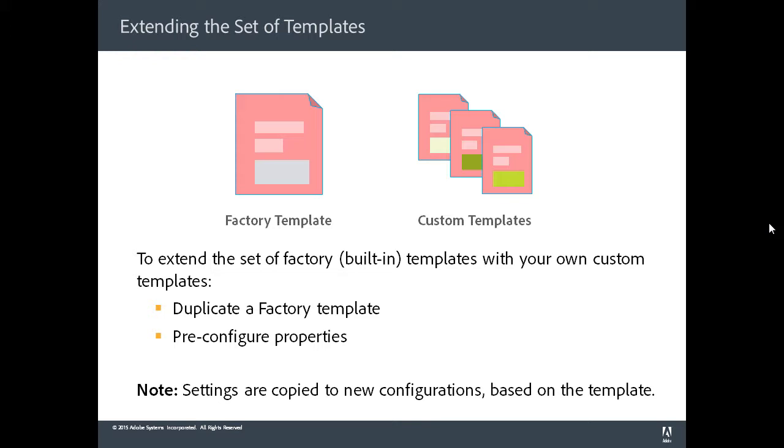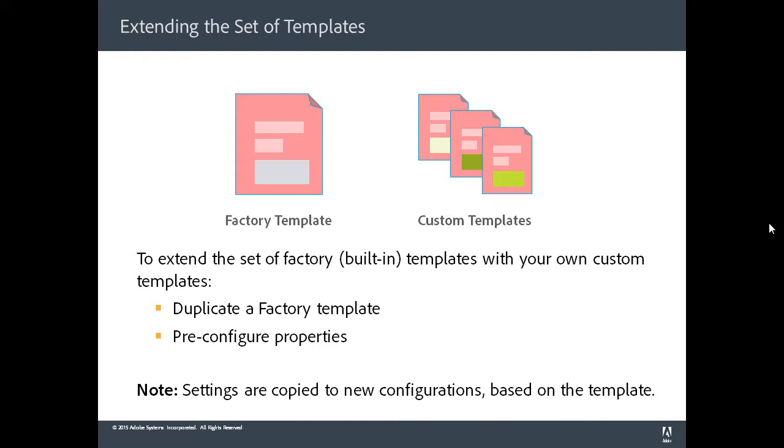So in order to extend the set of these factory or built-in templates with your own custom templates, you're going to duplicate one of the factory templates and use that as a starting point. And then this will allow you to pre-configure settings the way that you'd like them to be configured for your business. So for example, out of the box, we provide a single delivery template for each channel.